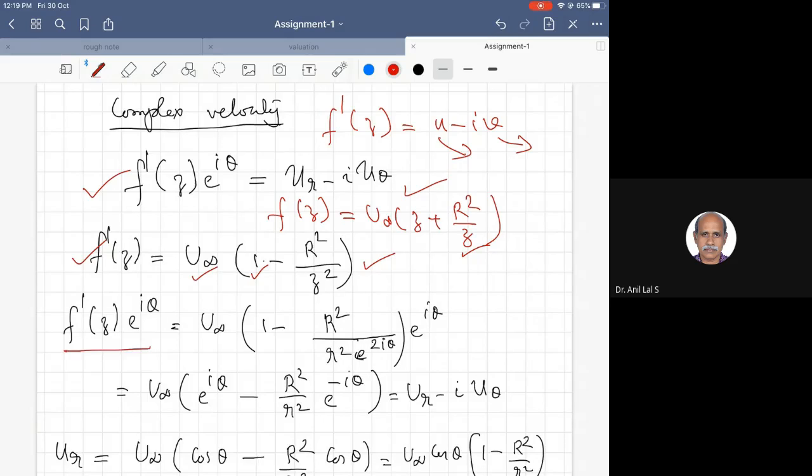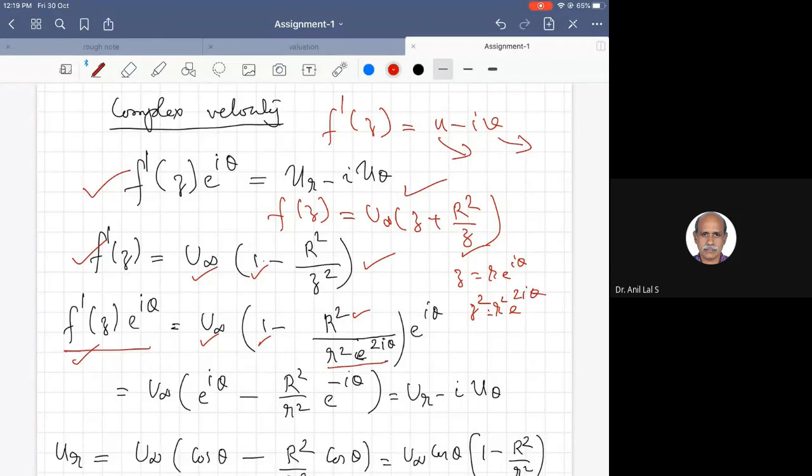Now f dash z into e raised to i theta is equal to u infinity times 1 minus r squared by z squared. Here z is r e raised to i theta. Then what is z squared? It is r squared e raised to 2 i theta.